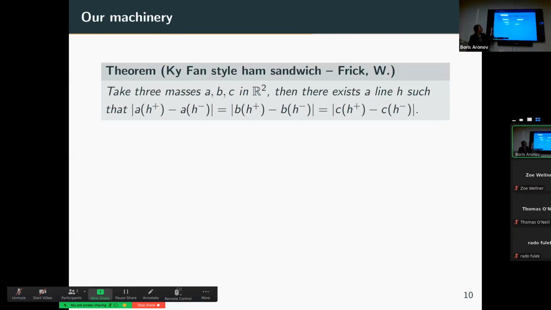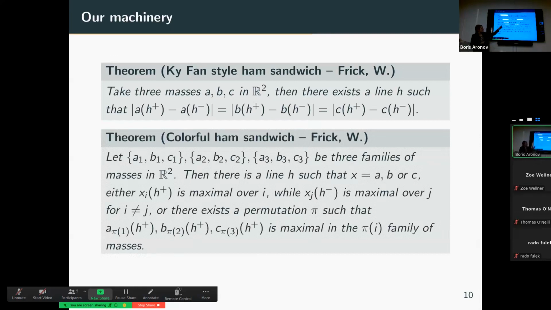Right. Now with the 3 masses, we can actually get a properly colorful ham sandwich where I now have my 1, 2, and 3 colors with A, B, and C masses each. There's 3 families of masses.